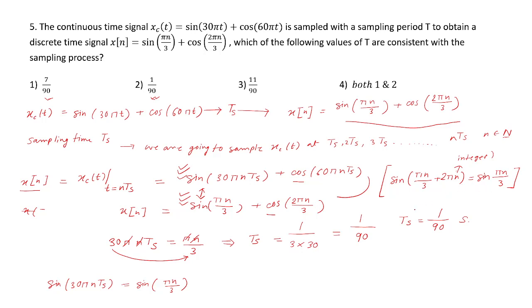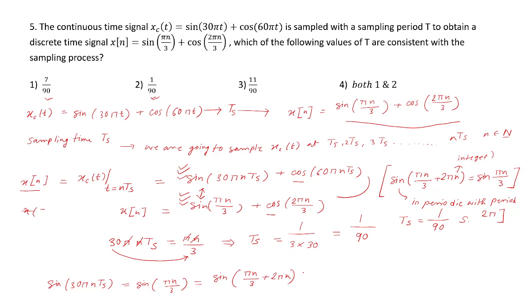We can write this because this is periodic with period 2 pi, correct? So this thing can also be written as sine of pi n by 3 plus 2 pi n.